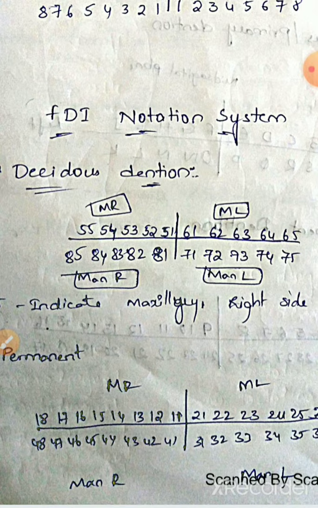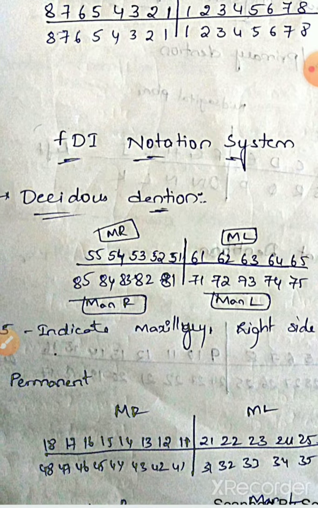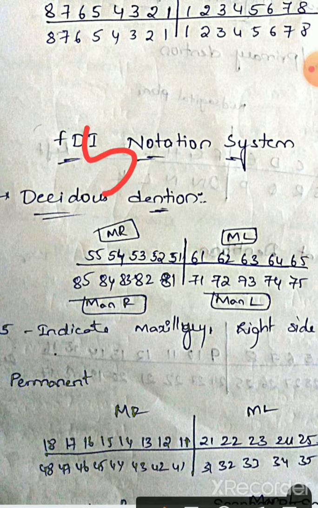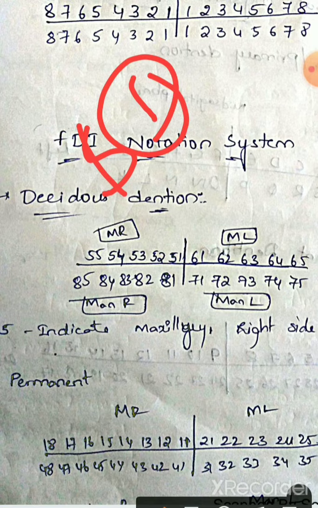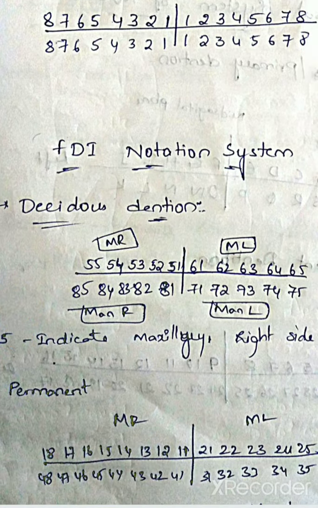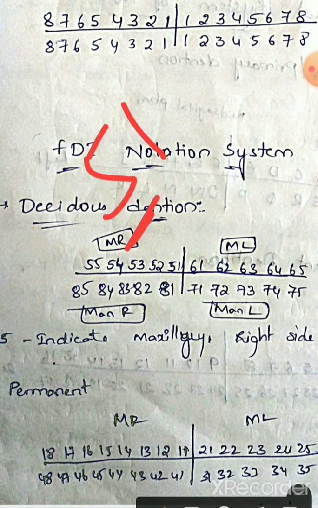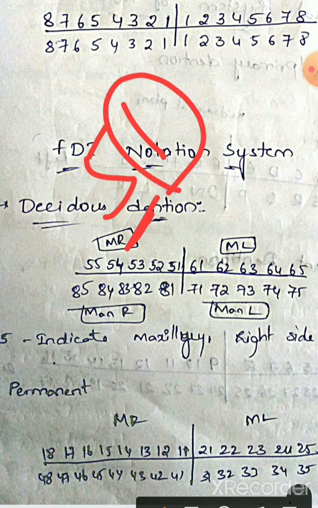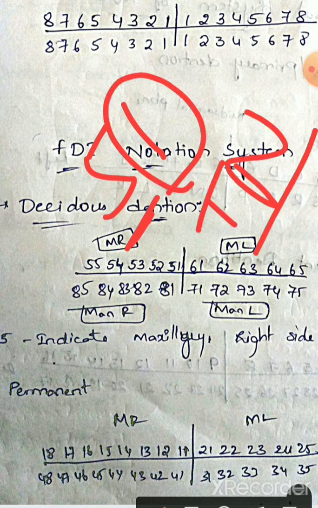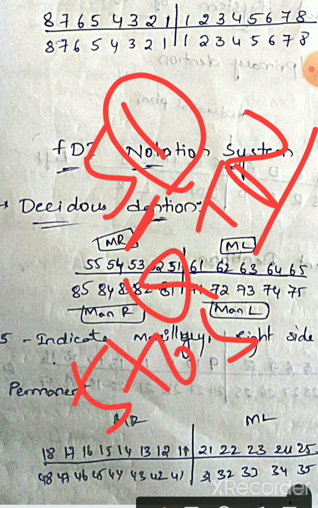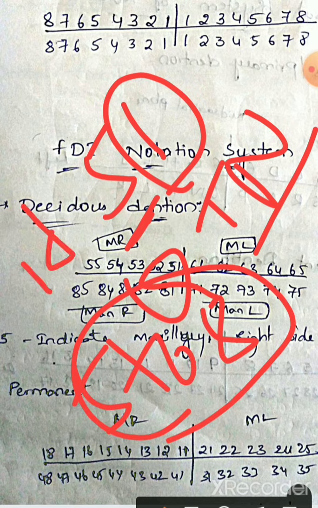Here, this is also known as the two-digit system. In the two-digit system, the first digit indicates the quadrant and the second digit indicates the tooth number. If you think of 51, the first digit indicates quadrant and the second digit indicates tooth number. So 5 to 8 represent deciduous, 1 to 4 represent permanent.